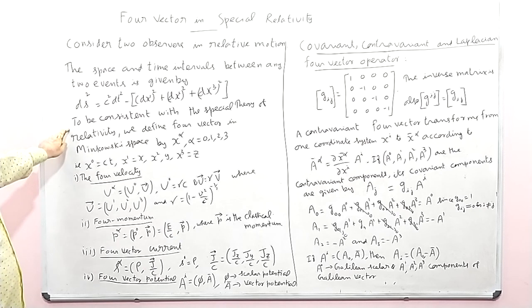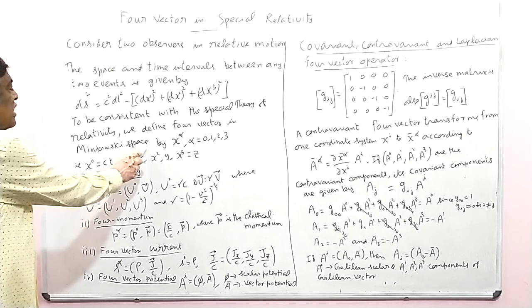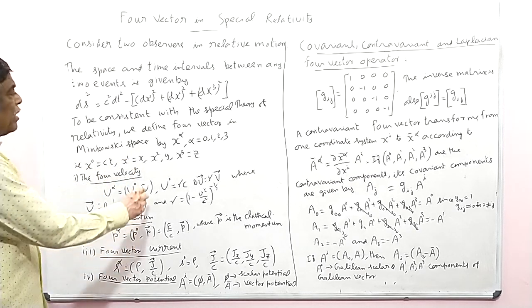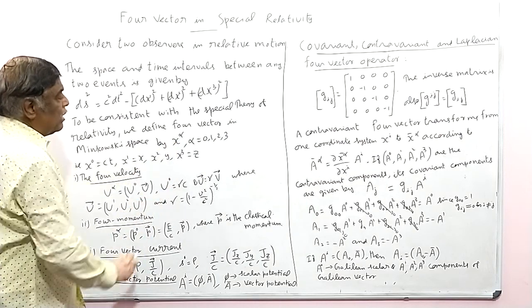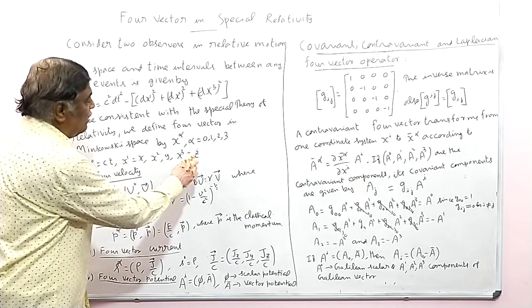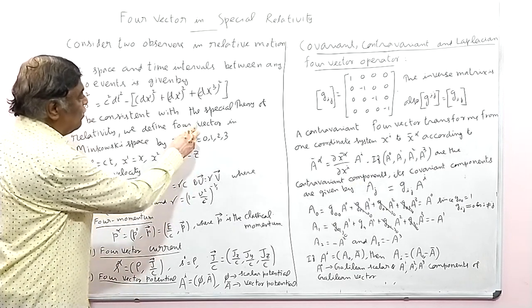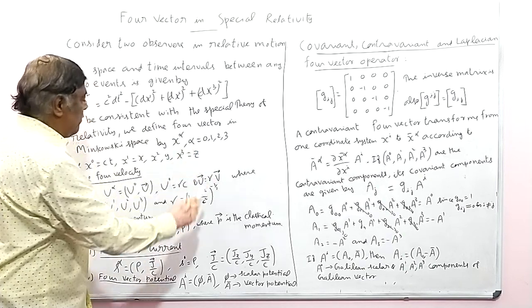To be consistent with the special theory of relativity, we define four vectors in Minkowski space by x alpha, the contravariant position vector. Since it is a four dimensional space, alpha takes 0, 1, 2, 3.